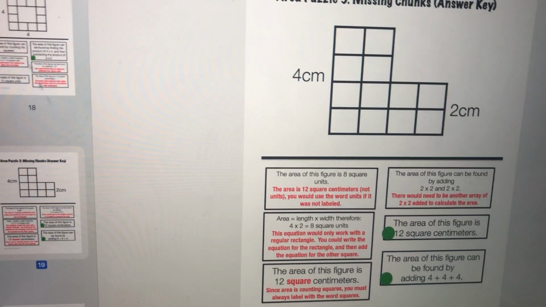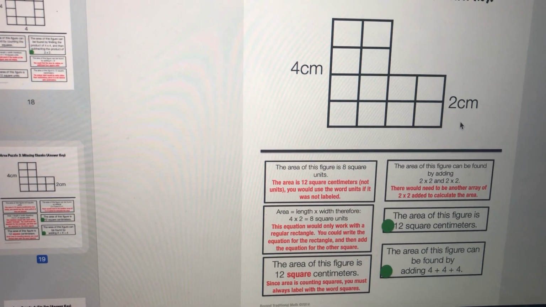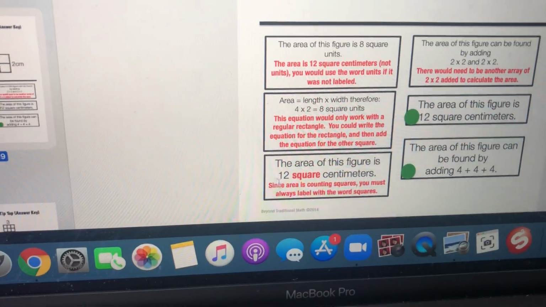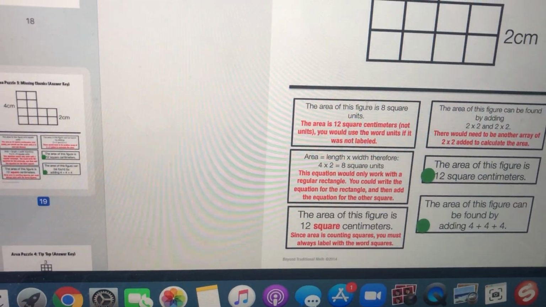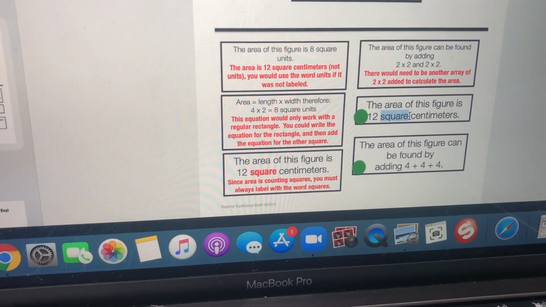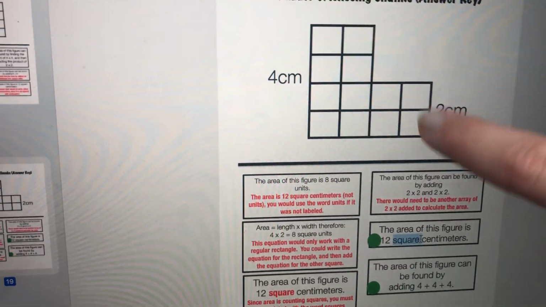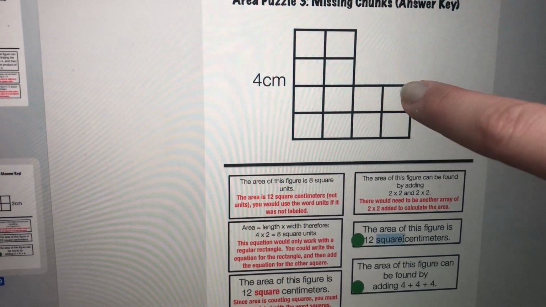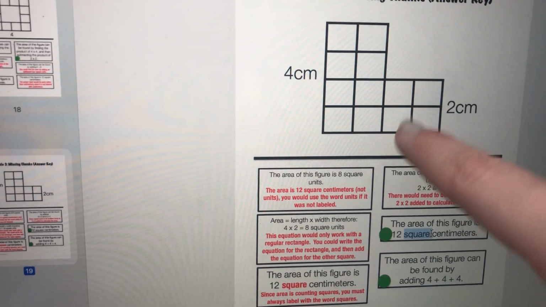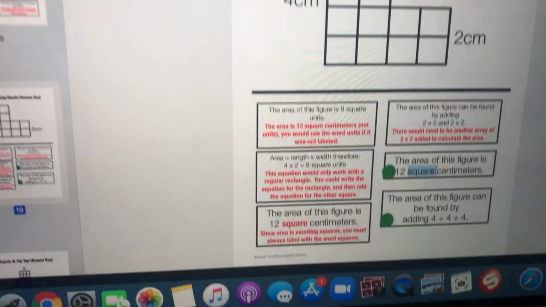Now you probably wouldn't get carpet in centimeters unless you were getting carpet for a dollhouse, because centimeters are so small. But just the idea that 12 centimeters is a straight line, and 12 square centimeters is all the filled in area of the whole square, the whole centimeter on the inside.